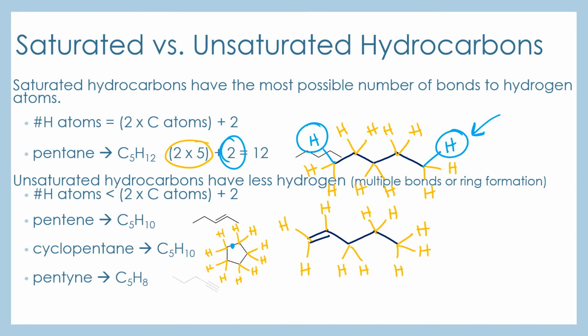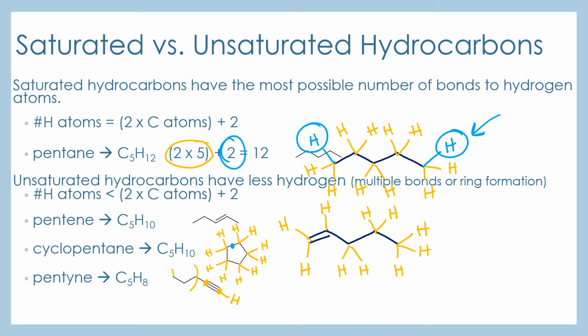And then we can also look at pentyne. So pentyne, everything over here is the same as what we've been seeing, but this carbon here has no hydrogens on it, and this terminal carbon only has 1 hydrogen.